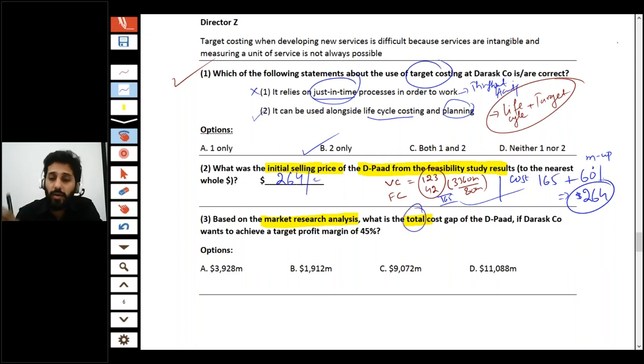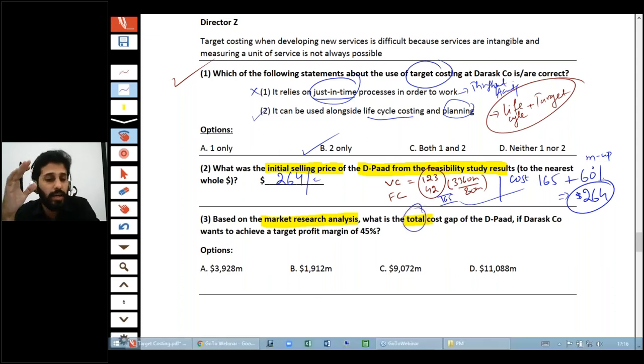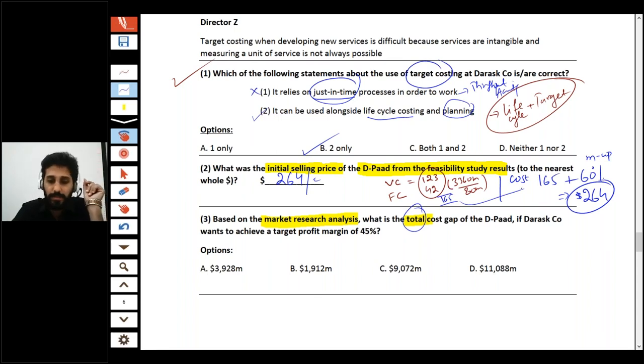Students, they are not talking about the cost gap per unit. They are talking about the total cost gap. What is the total cost gap of DPAD if Darask wants to achieve a target profit of 45 million? Now you should use the information given in the market research analysis, so I will be using that information.